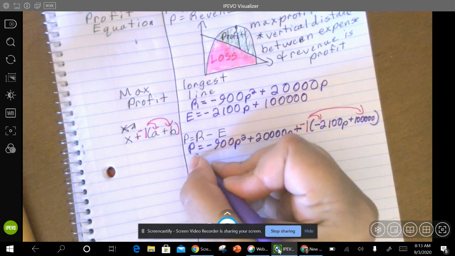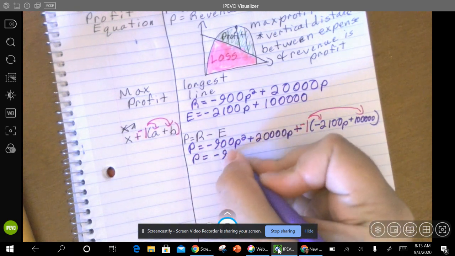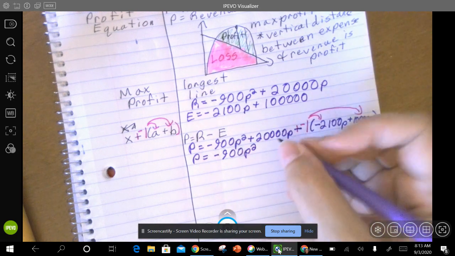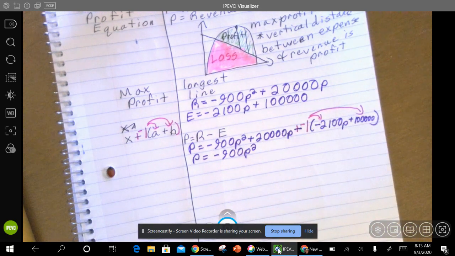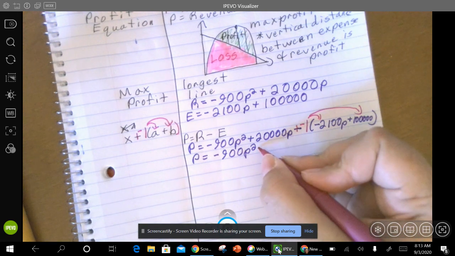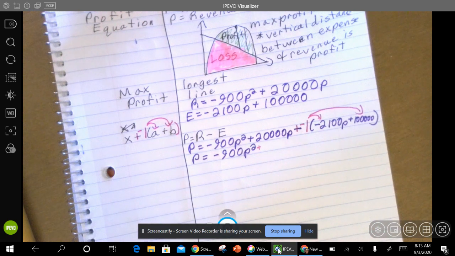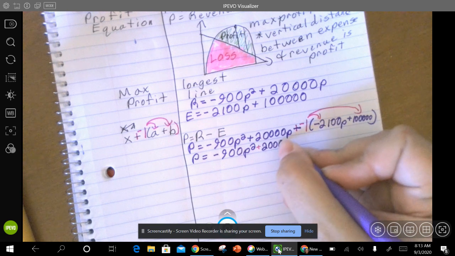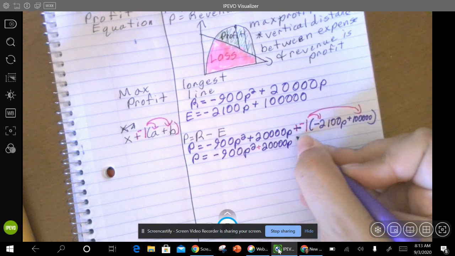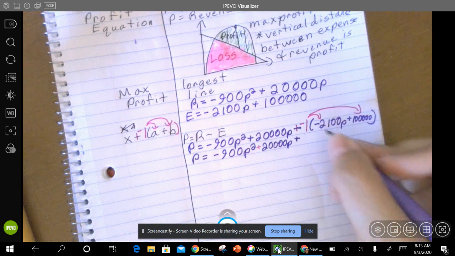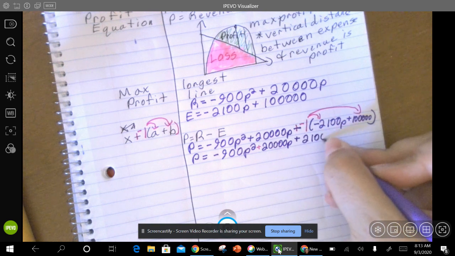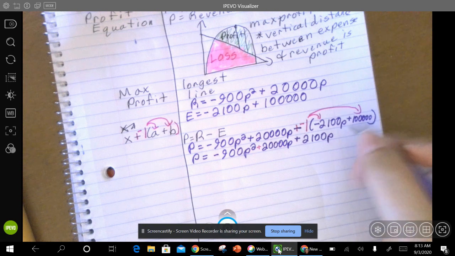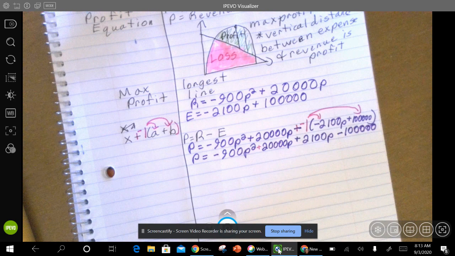So we get profit is equal to -900 P squared plus 20,000 P plus, negative times the negative is going to become positive, so that'll be 2,100 times the price, minus, that's going to become negative 100,000.